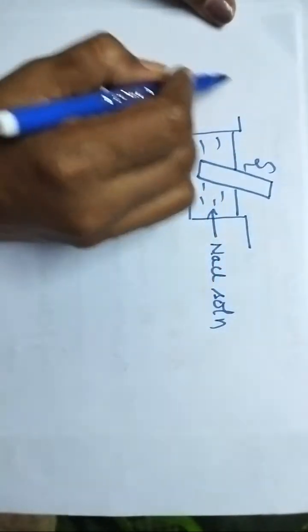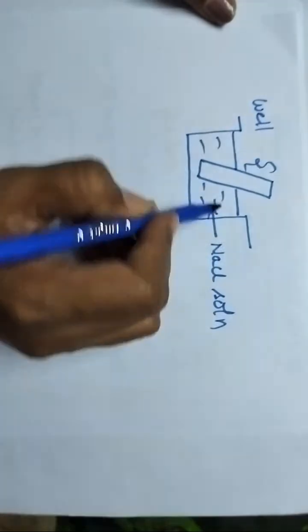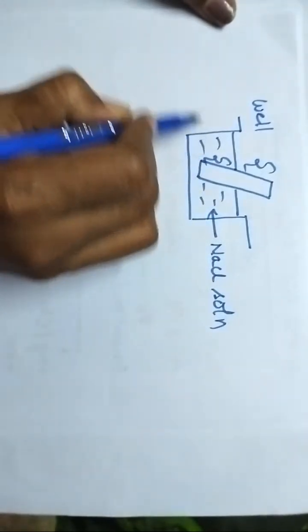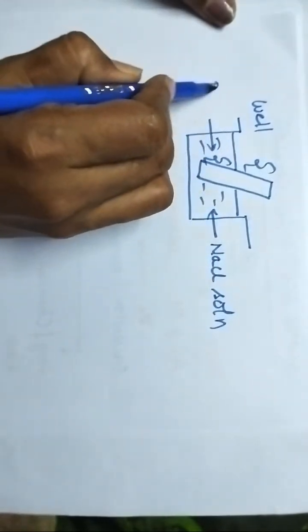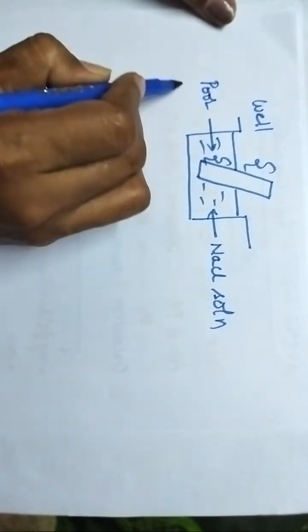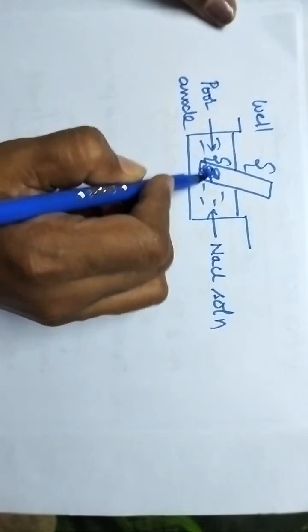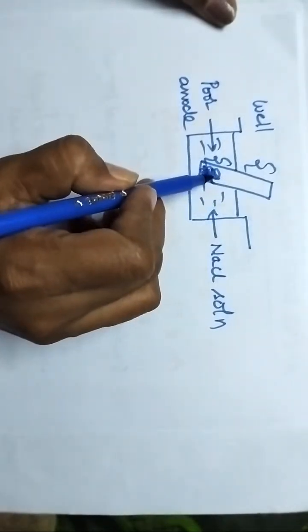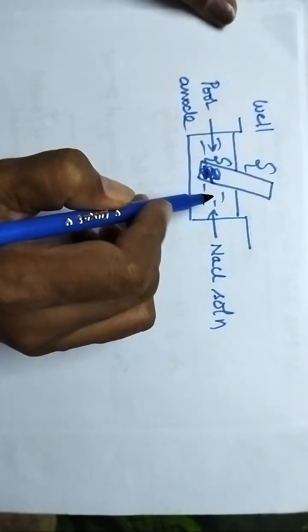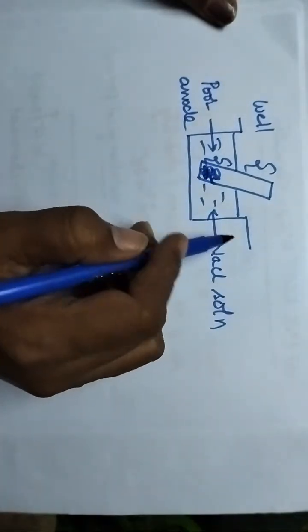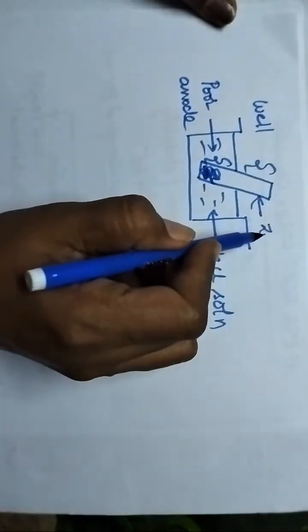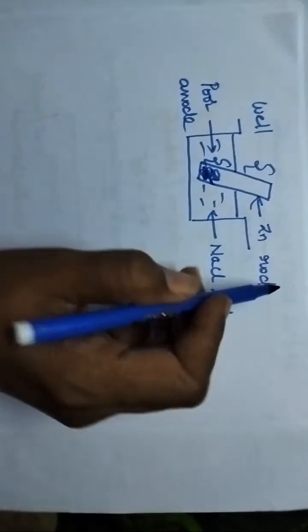This portion will be well oxygenated, whereas this particular portion will receive poor oxygen, and hence this portion will act as anode and undergo corrosion. So here corrosion is mainly due to the difference in the air concentration, and hence it is a good example for differential aeration corrosion.